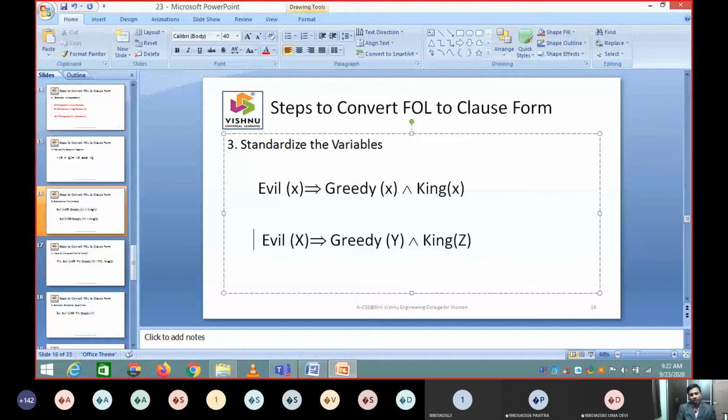Whenever you talk about evil, you use a standard variable; whenever people talk about greedy people, you use the symbol y. Whenever people talk about kings, the name of the king in many examples is Caesar, so this z will take the value Caesar at some point of time. This is what standardization of variables means.